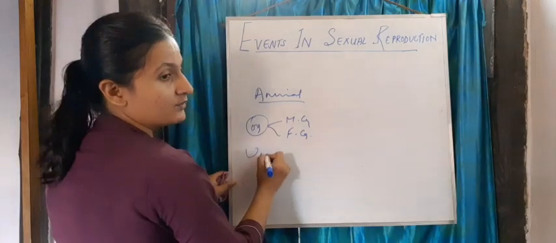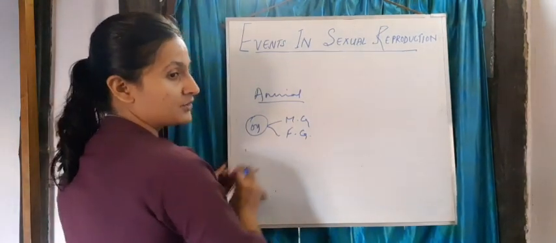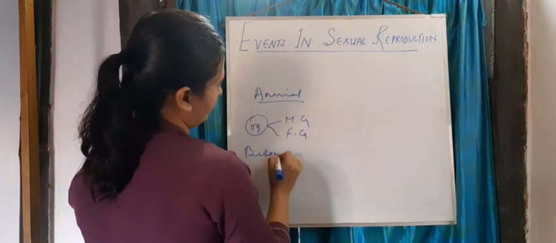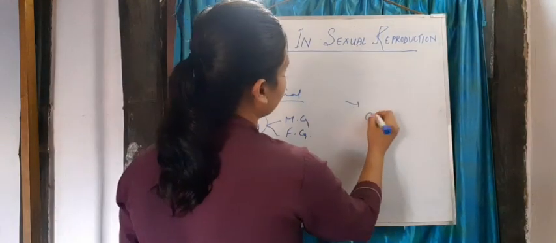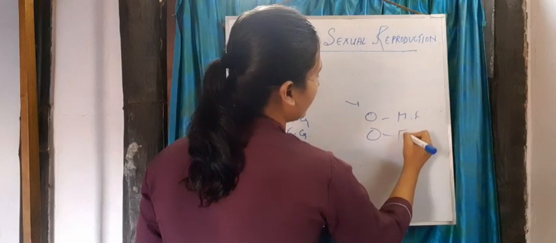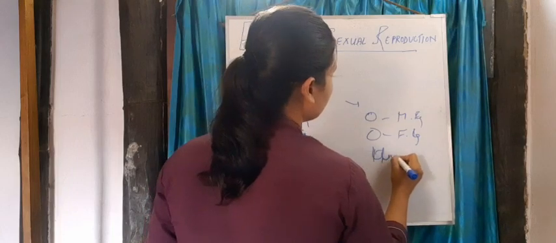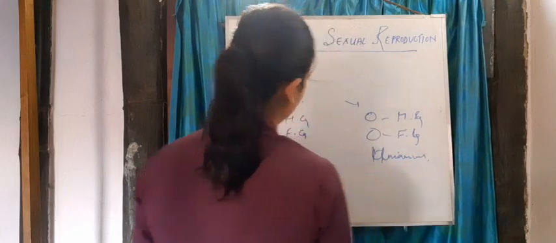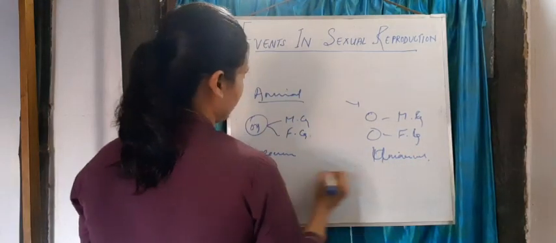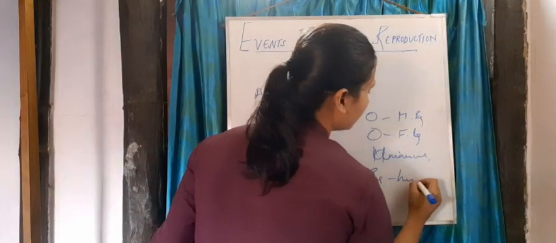So they are called bisexual. And where there are different organisms which produce male and female gametes, they are called unisexual.